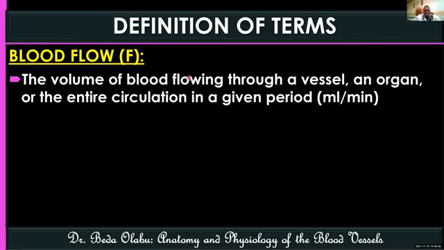So let me say this again. Blood flow is the volume of blood that is flowing through a blood vessel, an organ, or the entire circulation in a given period of time. We measure blood flow in ml per minute.